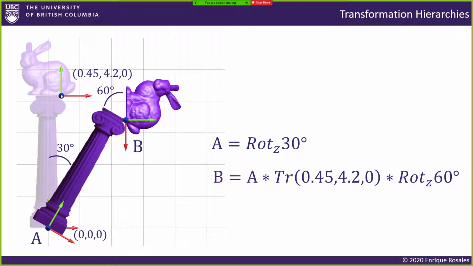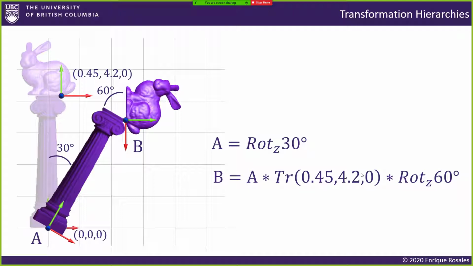Right? But that is not necessary anymore, because you only need to apply its local rotation with respect to its parent, which is only the 60 degrees, and its local position with respect to its parent, which is this amount.